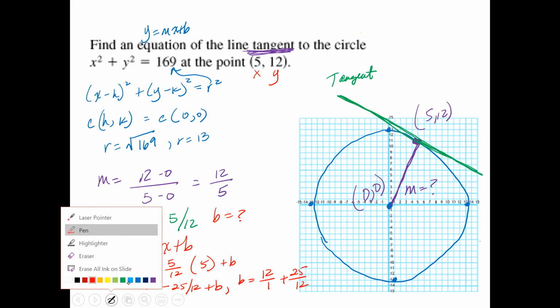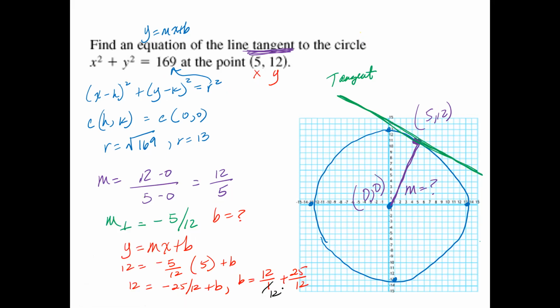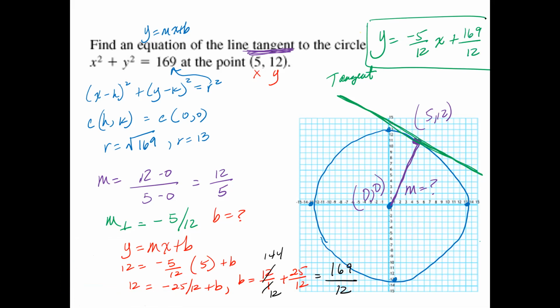So let's go ahead and find our common denominator. 12, 144, which will give you 169 over 12. That is my b. So what is my equation to the green line? Y is equal to negative 5 over 12x plus 169 over 12. And that is your equation tangent.